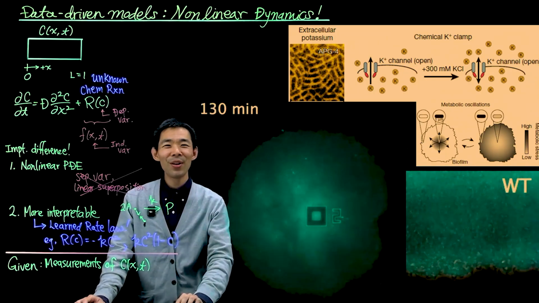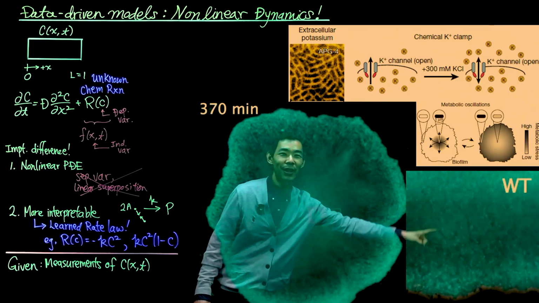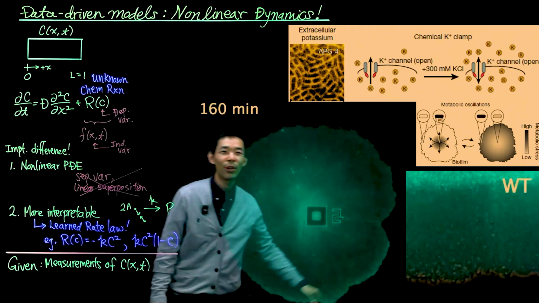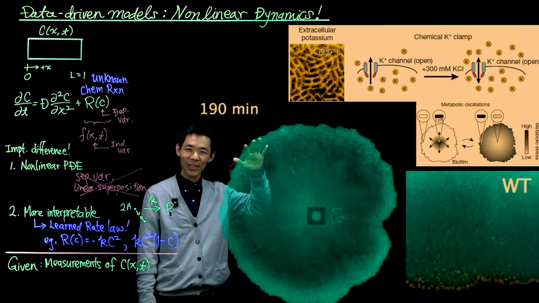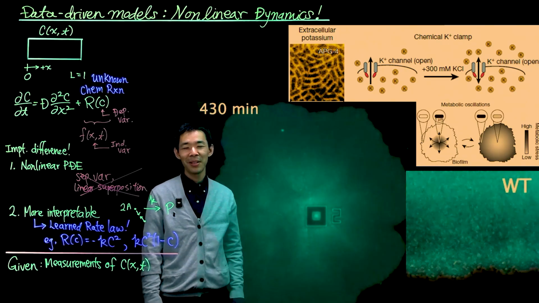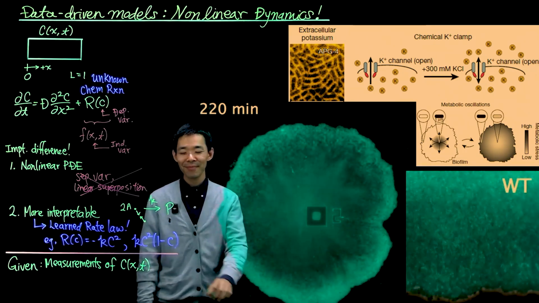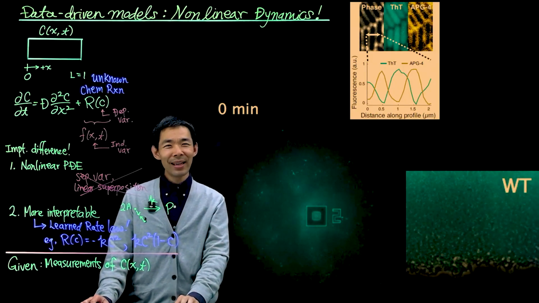Now you can also track the concentration of the dye very close to the edge, and you can again see this pulse of the metabolic state that's being measured as a function of distance.